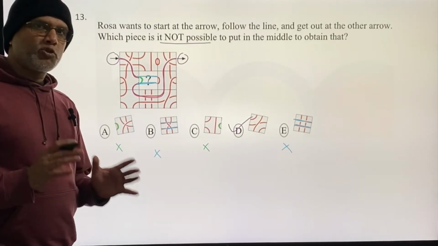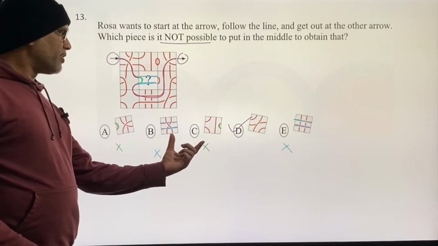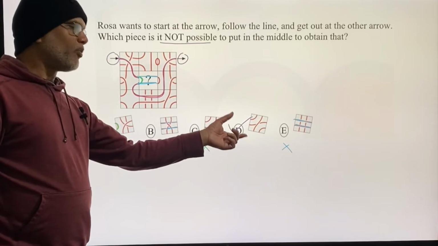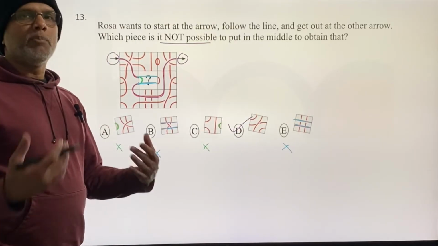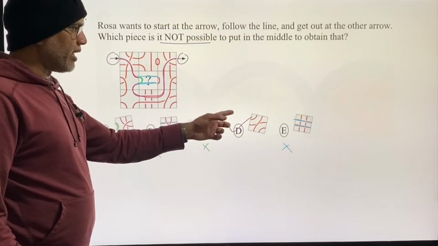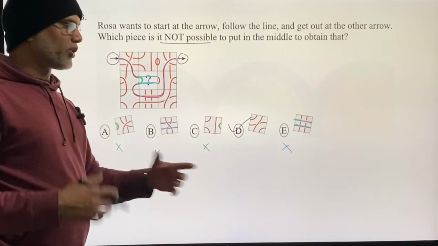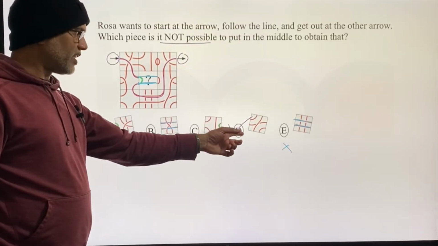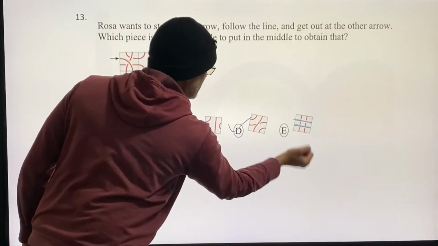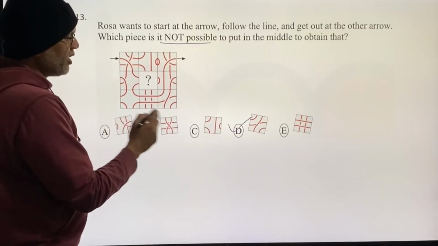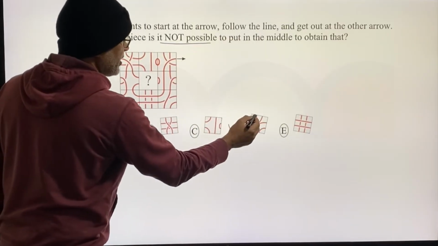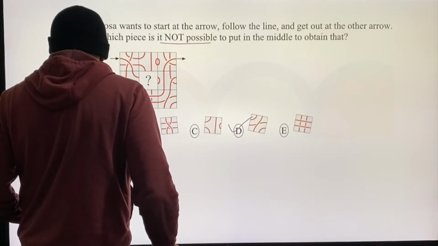Now in multiple choice questions, if you are absolutely sure that the other choices do not work, then the remaining one has to be correct. But in this case, let's actually try to draw it out, just to be sure that this is the correct answer. Let me erase it. All right. So I'm going like this. Let me change the color.